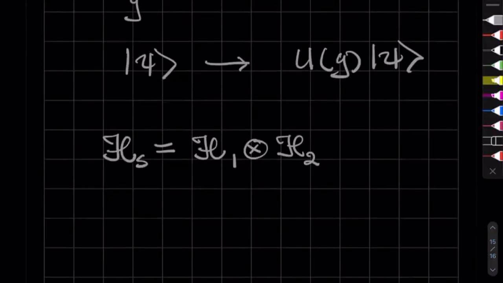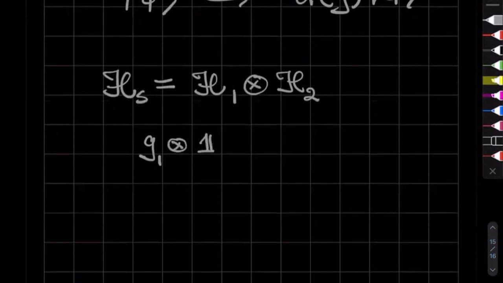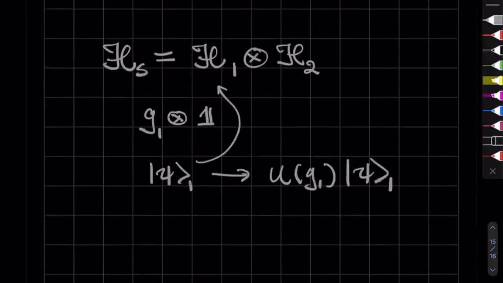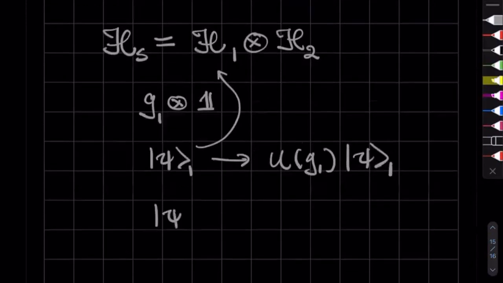And suppose you just make a transformation on the first one, and for the second one you don't do anything, then the part of the state which lives in the first Hilbert space will be transformed by a corresponding unitary transformation, whereas the part of the state which comes from H2 won't change.